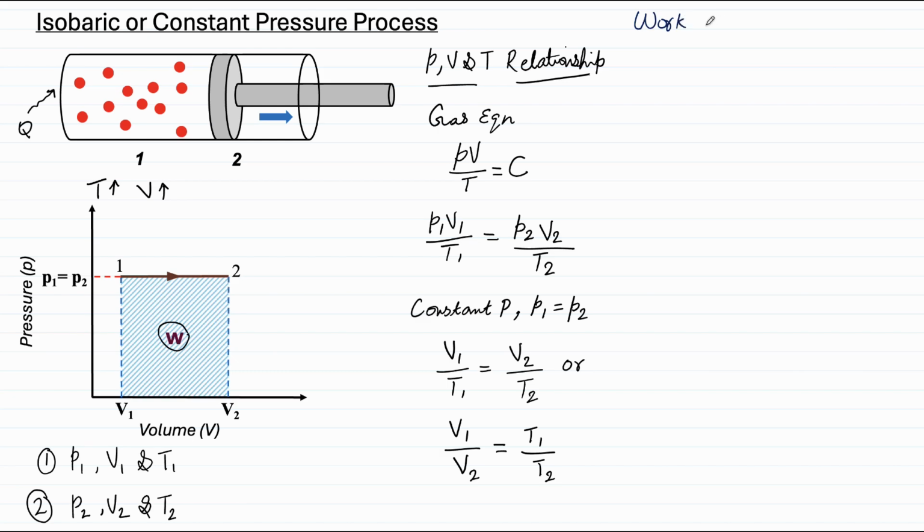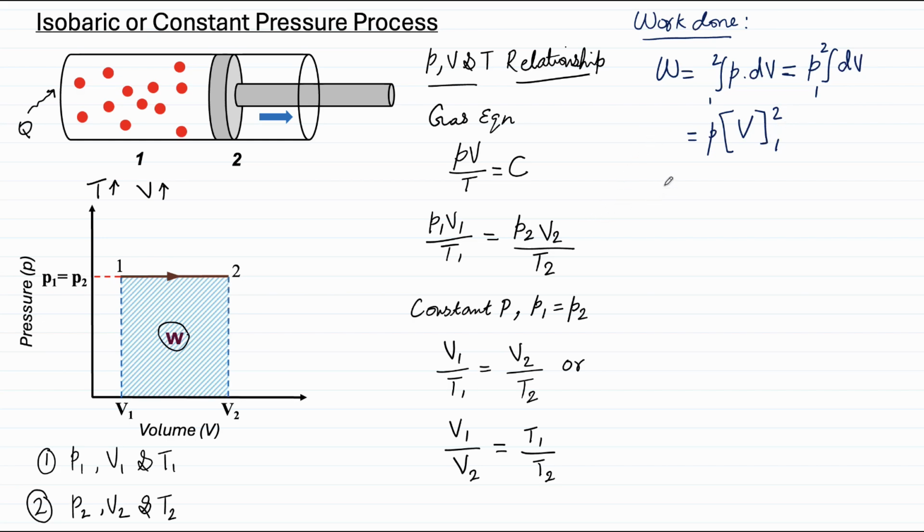The work done in a constant pressure process can be given by the integral of pressure times the small change in volume. This can be rewritten by taking the constant outside, that is pressure, times the integral of dV, and therefore this is going to become pressure times volume, with lower limit and upper limit.